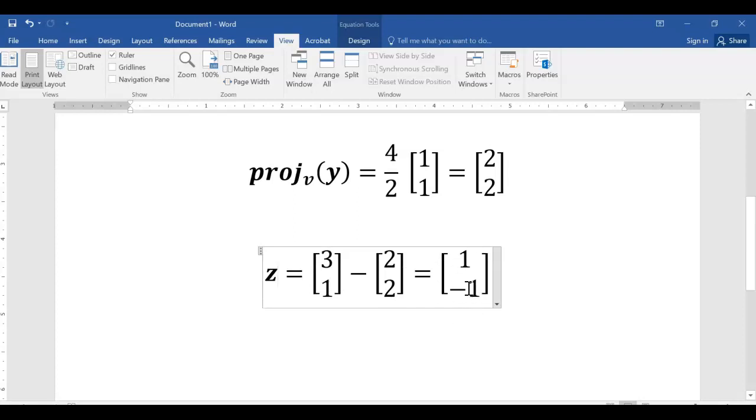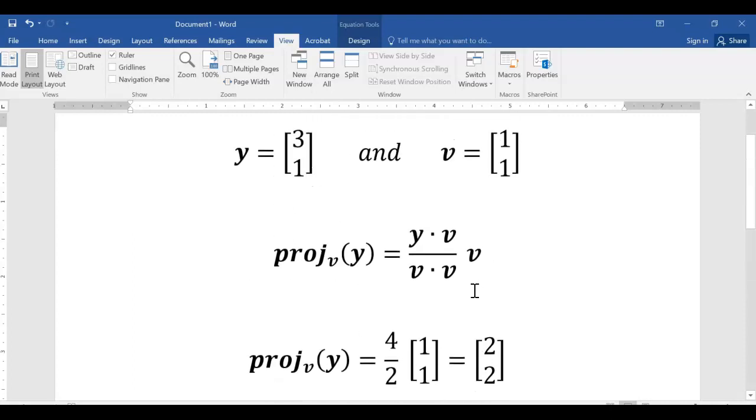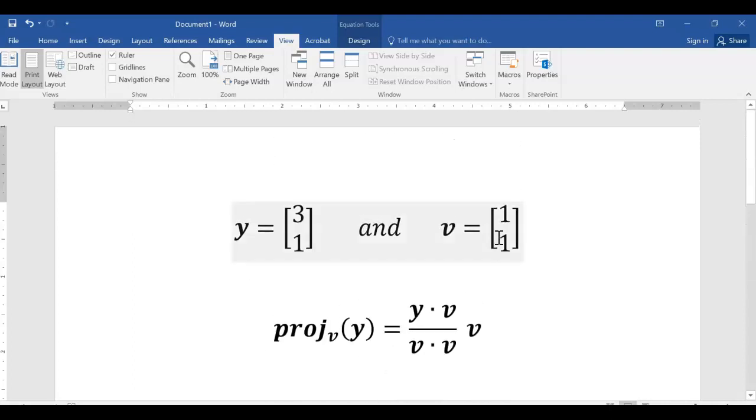Now, what I want you to see is that z, because it's the orthogonal component, is going to be orthogonal to the vector v.